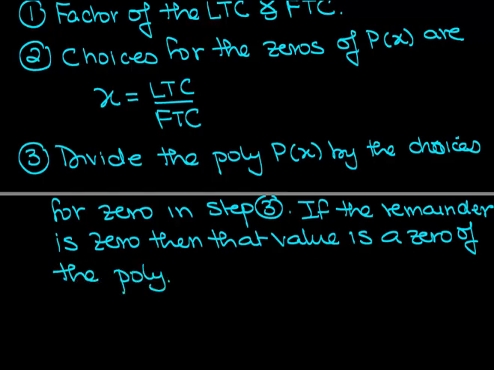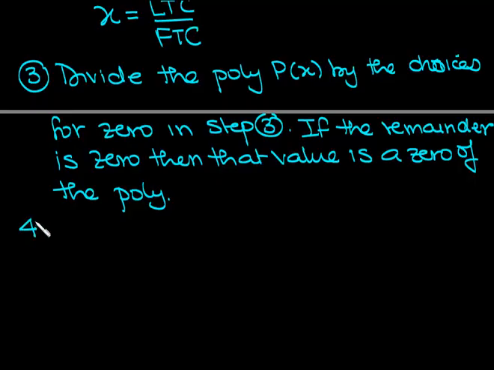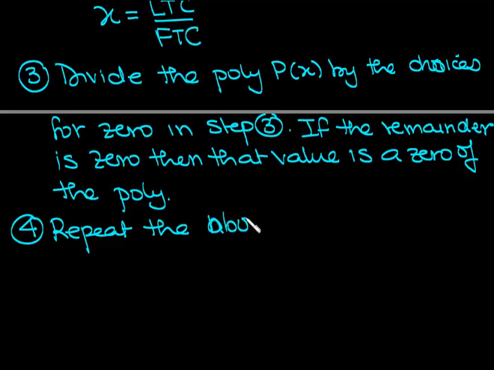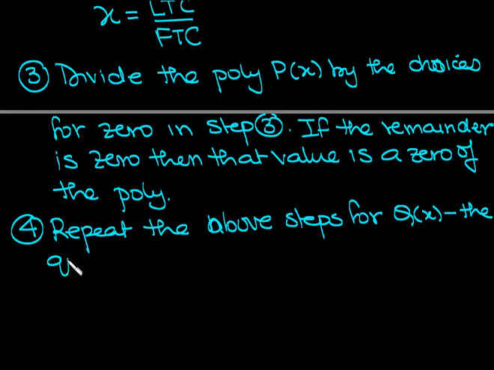Then what do we do? Well, we found 1 zero. What if the degree of the polynomial was 4? That gives me 1 zero, and I still have 3 other zeros to find. Then we repeat the above steps for q of x, the quotient from step 3.